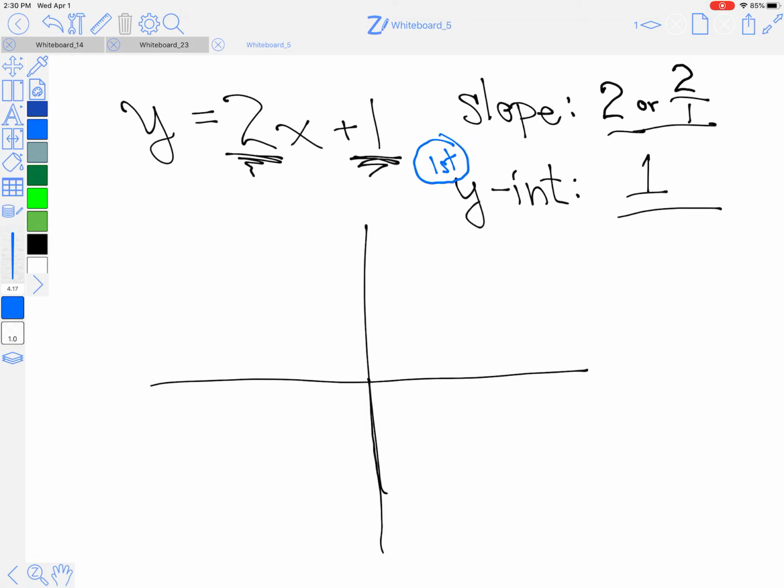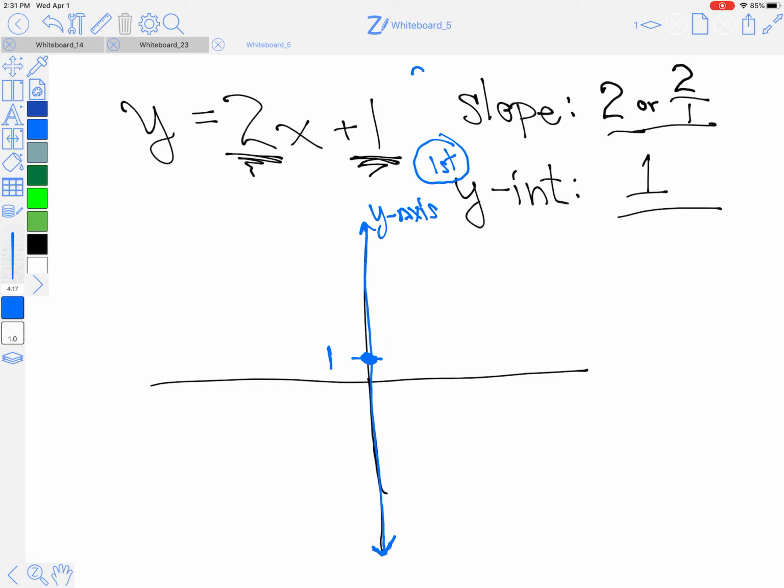I need to put that point on my graph. The y-intercept is where it crosses the y-axis, and this vertical line is our y-axis. So I'm going to go up to a positive 1, and that's where my point is going to go. That's where my line is going to start.